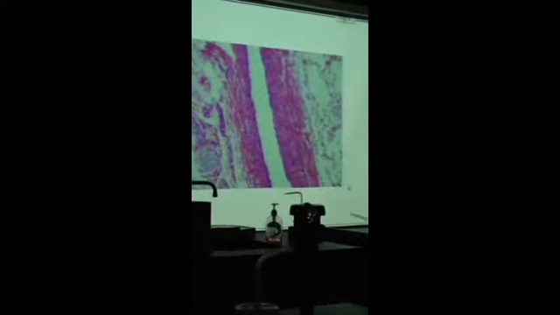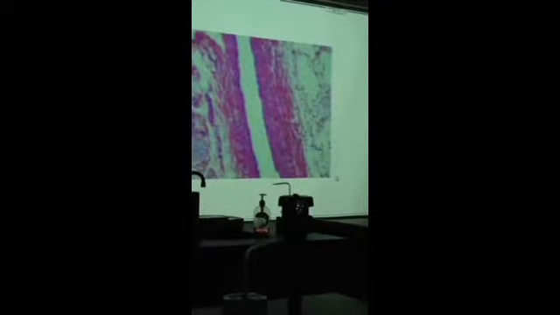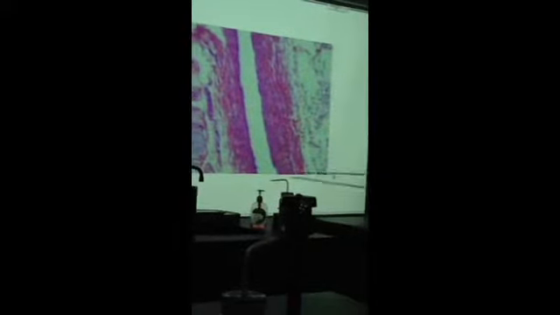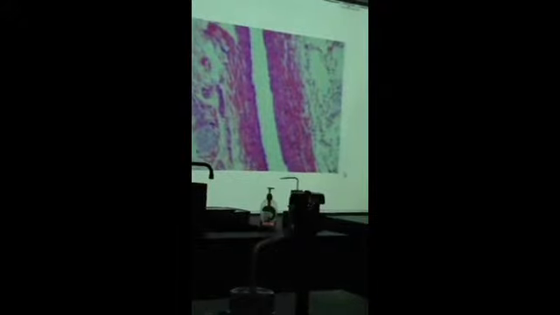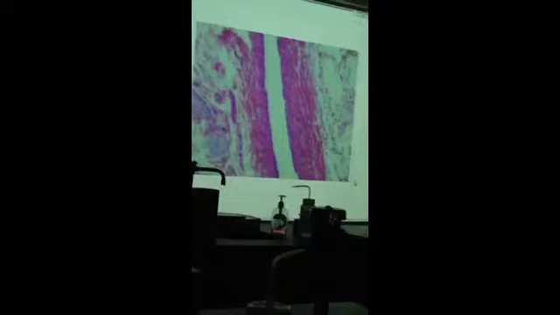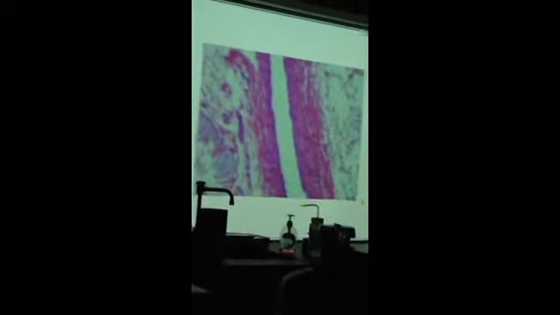What's this structure right here? Look at the nuclei that line it. Are they the big round nuclei we saw before? No, they're flat, which means what? What kind of tissue? Epithelium.